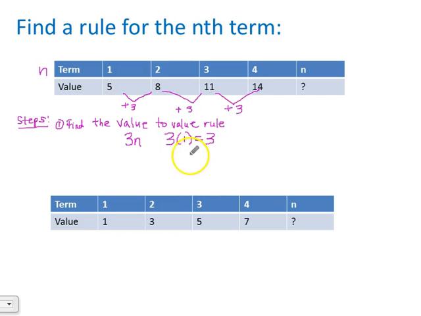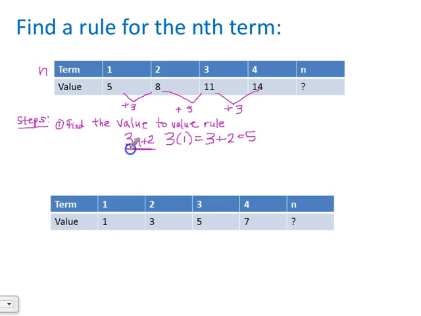So we need to do some adjusting here. We're at 3, but we need to get to a value of 5. So we would need to add 2 to that rule. I took 3n and added 2, because 3 times 1 gives me 3, and then I add 2 to get that value of 5. So that's for our first term.